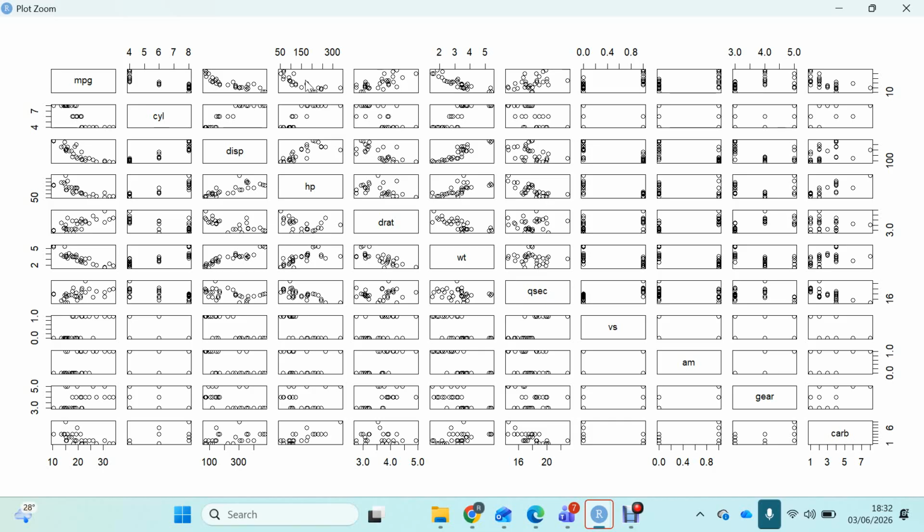Yes, Prof. Positive. Are you sure? Horsepower and MPG. Okay, so that's where the pointer is. So if it's that, then it's negative. Sorry. Okay, good.